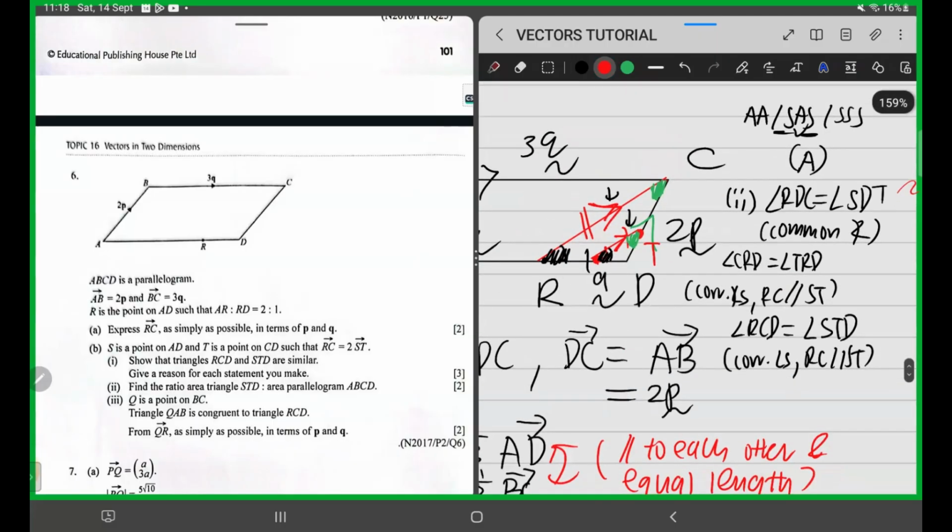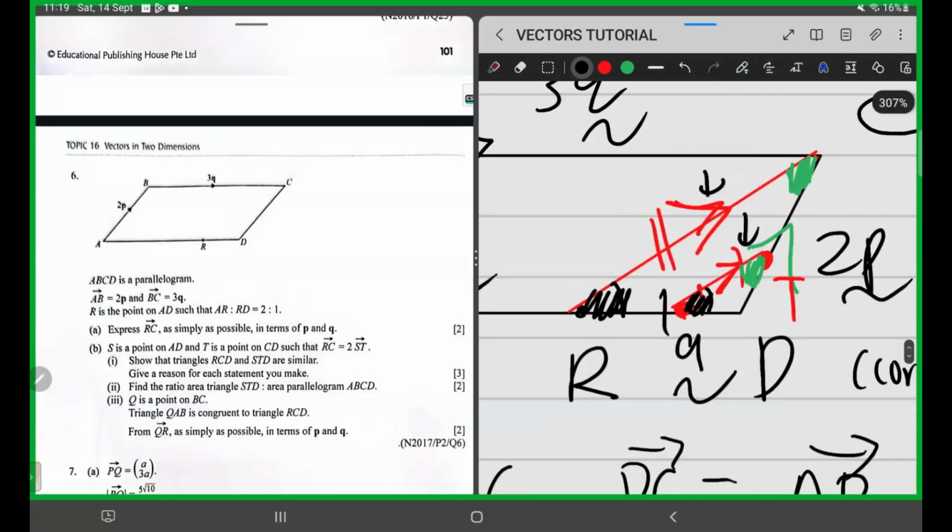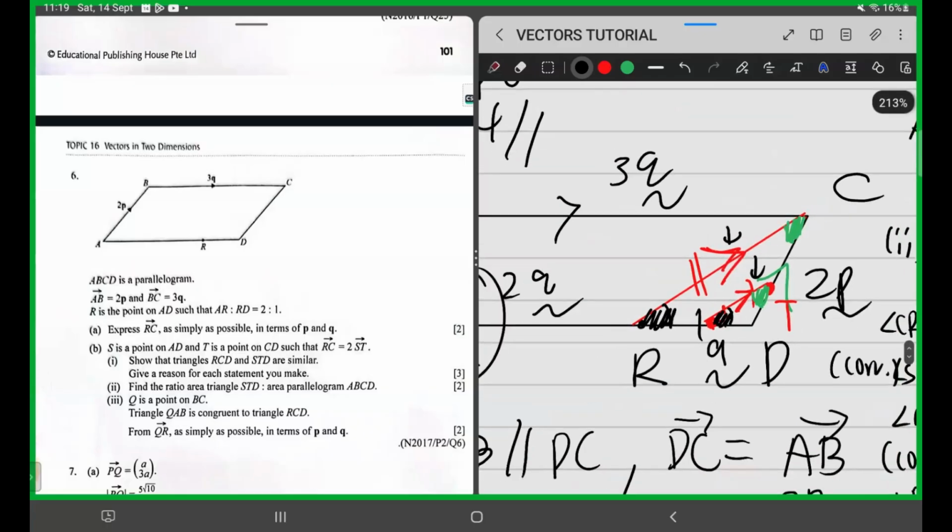This is A, A, A. Hence, by AAA similarity test, triangle RCD and triangle STD are similar. So yeah, basically parallel lines, therefore corresponding angles.